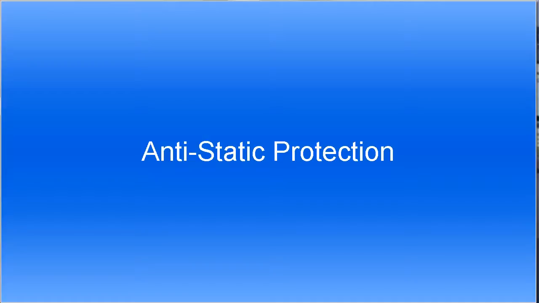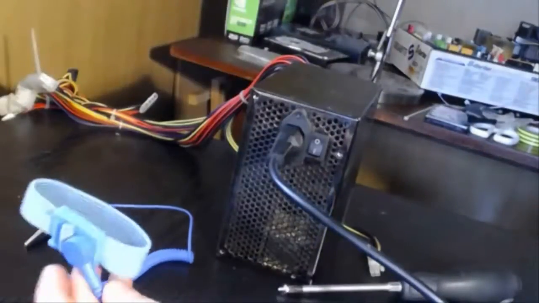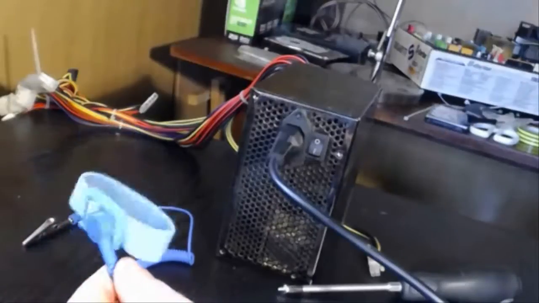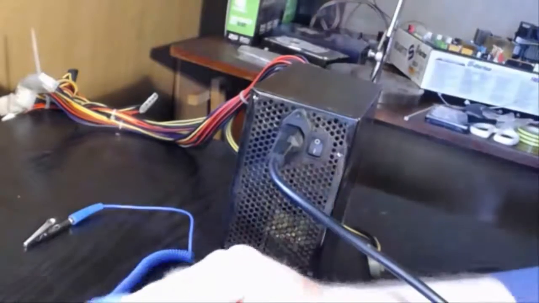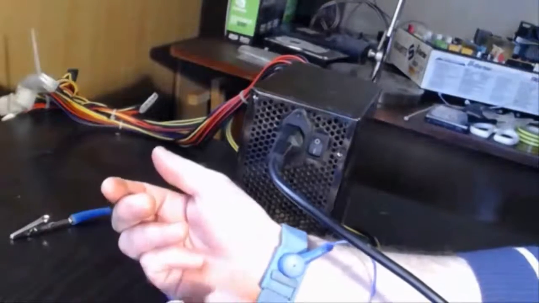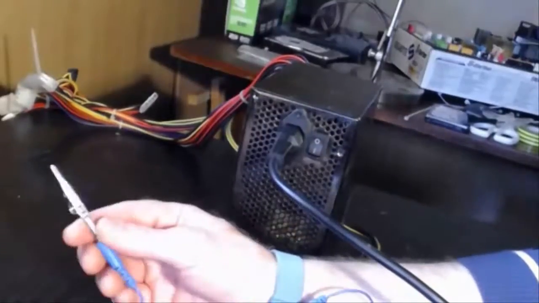So static discharge can cause components to fail. Now a static wrist strap is the best way to get yourself as close to zero as possible. If you are concerned about damaging parts due to static buildup in your body, then wearing an anti-static wristband is the best way of dealing with it.